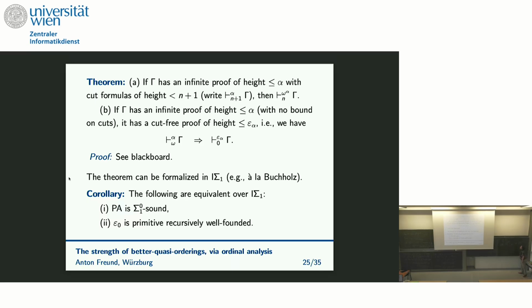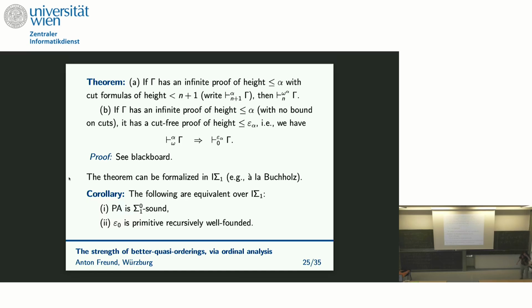Now I apply the induction hypothesis, and it tells me that in these proofs of the premises I can eliminate all the cuts, and then with height epsilon beta and no cuts I have proved gamma or phi. And also I've proved gamma or not phi.